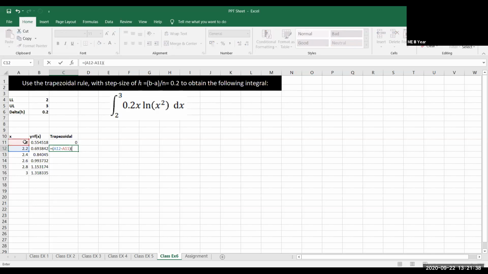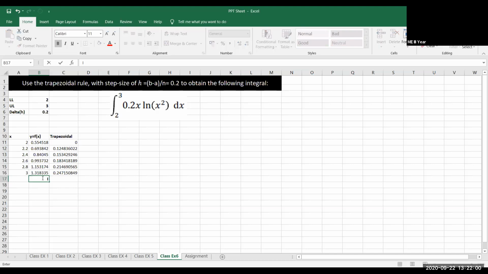Hit enter and you will get the result. After that, you have to do it for all cells.